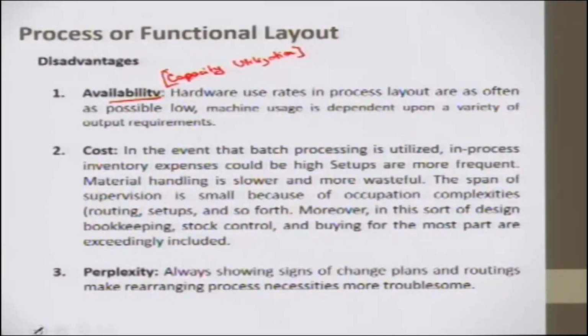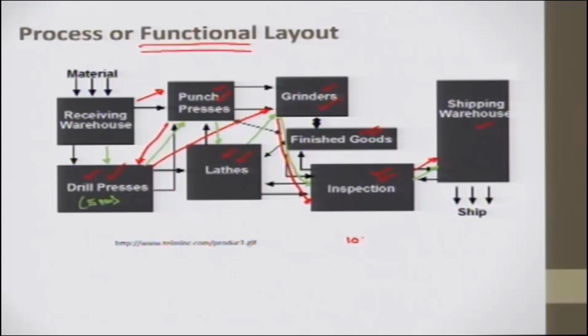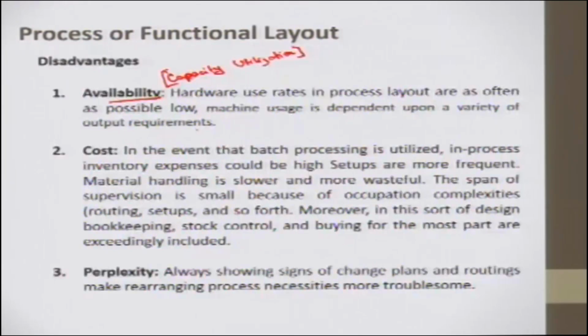For example, at certain point of time we have 10 batches or 10 kinds of products in line, and at some other point of time we have only 2 batches. In this case, the capacity utilization would be low. The factory would be running below capacity sometimes. So the capacity utilization is a factor here.